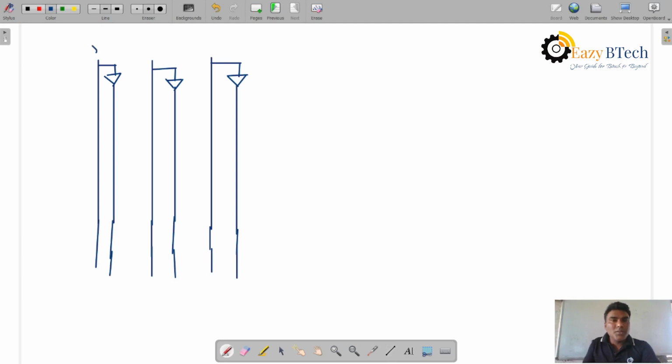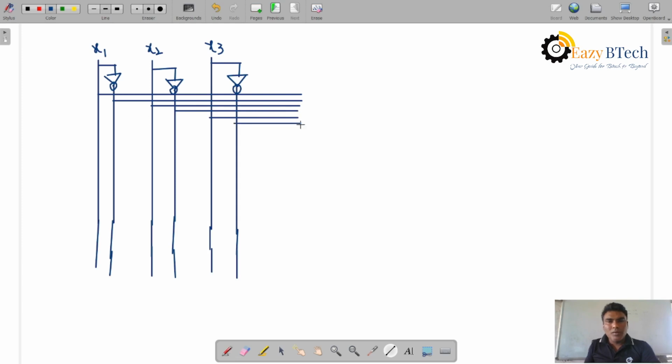So let us take x1 input, x2 input, x3 input, and x1 complement, x2 complement, x3 complement. Like fuses, we are making connections over here: 1, 2, 3, 4, 5 and 6.